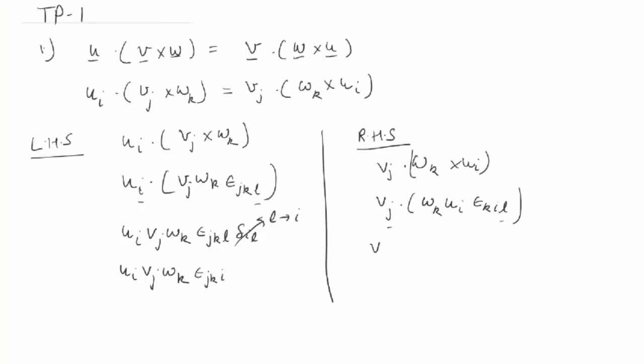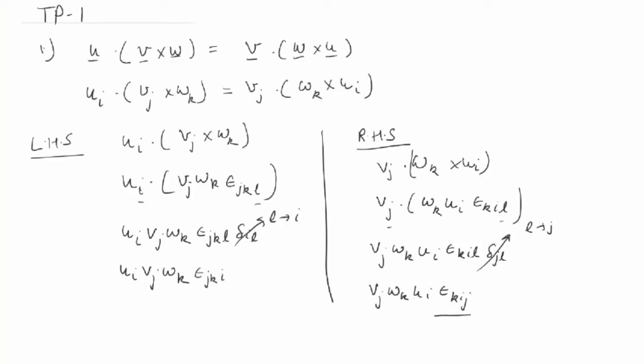This becomes vj wk ui e k i l del jl. So the Kronecker delta comes because of the dot product, and to remove it, we can replace l with j. So that becomes vj wk ui e k i j.